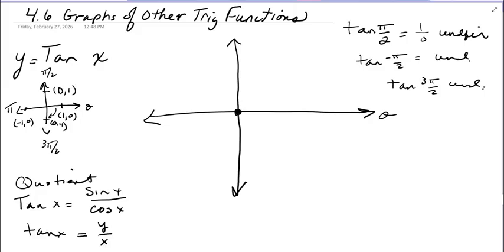When you have a graph and a value is undefined, we have a couple things occur. Sometimes you have a hole at that graph, but for the most part, you have what we call an asymptote. So what does that mean?